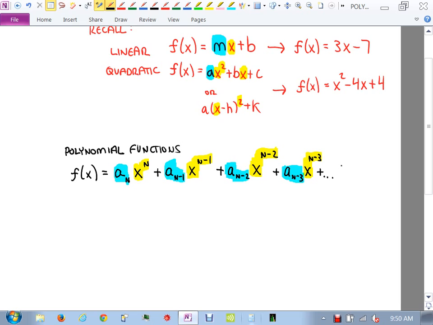So, like I said, if n was 7, the next one would be a 6, and the next one would be a 5, and then a 4, and then a 3, and then a 2, and then a 1, and then no x's, right? So the dot, dot, dot means continue that pattern until you get down to a sub 1 x to the 1 plus a sub 0.